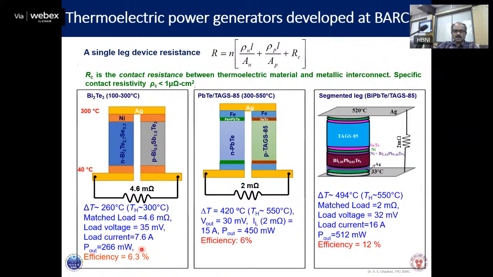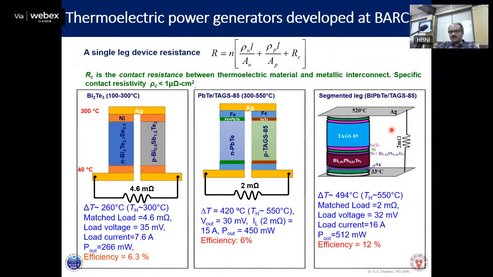The typical efficiency achieved in this device is about 6%. For the mid temperature range, 300 to 500, these are the compounds, and the temperature difference is about 420 degrees centigrade, and the efficiency is about 6%.